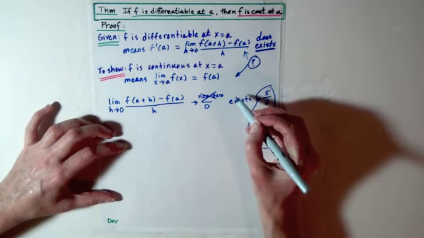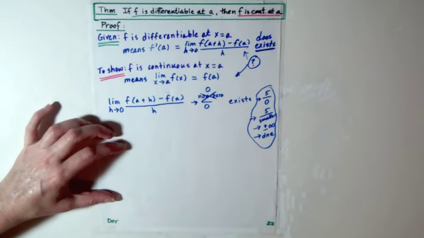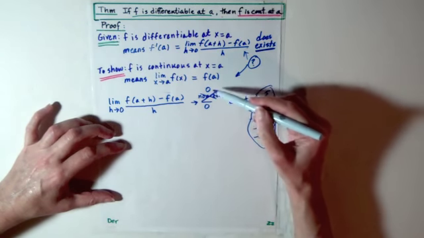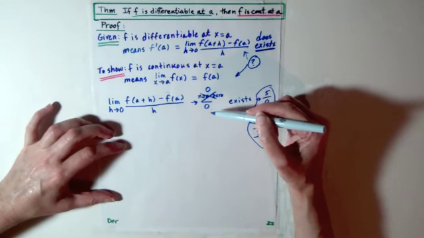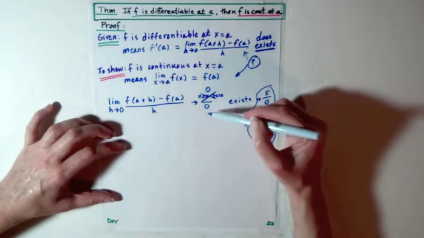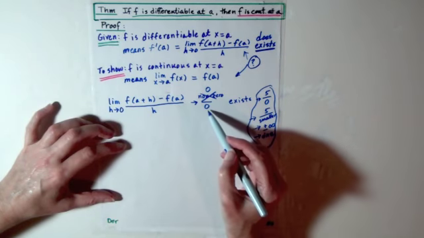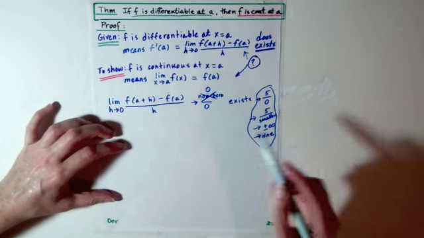We know the limit does exist, therefore the numerator of this fraction must be approaching 0. It's the only way the limit could exist. This would be an indeterminate limit, but not necessarily one that does not exist. It just may not be determinable in this particular form. So if the bottom is going to 0, the top must also be going to 0 for the overall limit to exist.